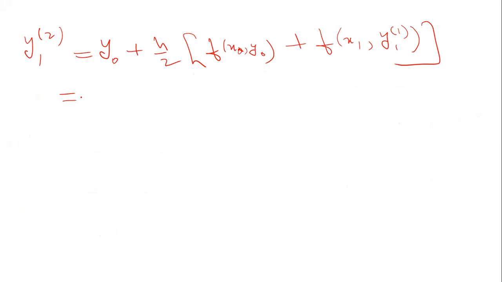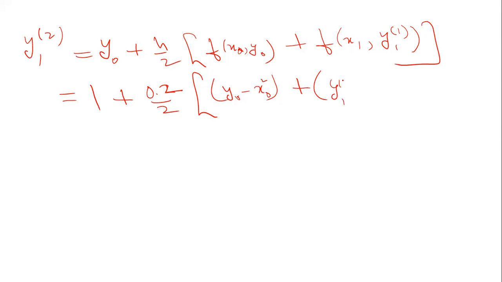So your y0 is 1, your h is 0.2 upon 2, times y0 minus x0 squared, plus y1 from the first iteration minus x1 squared.